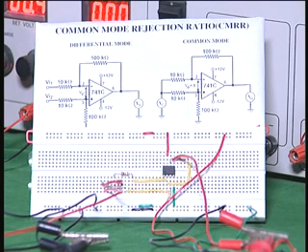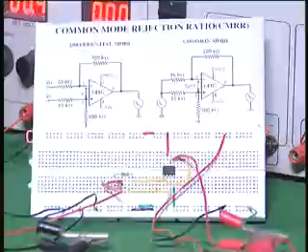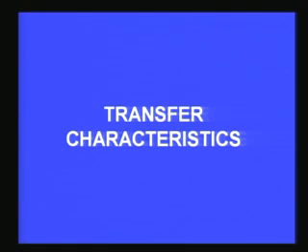Okay. So, we saw how we can measure the CMRR in the laboratory, and now we will move on to the next characteristic, which is the transfer characteristic of an operational amplifier. This is also a very important characteristic.